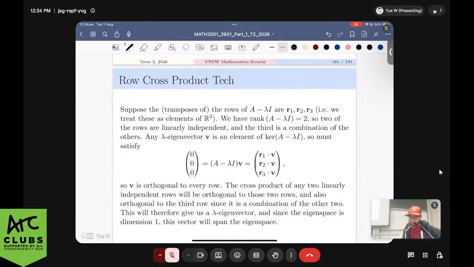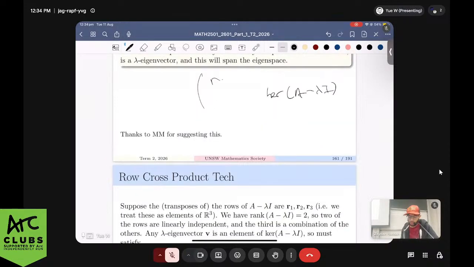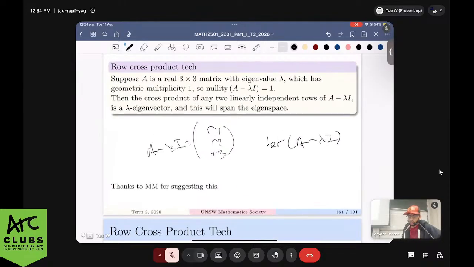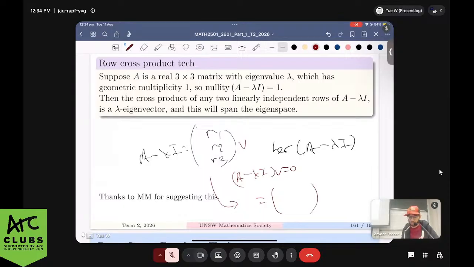Well, let's write A minus lambda I with rows R1, R2, R3. Keep in mind this is for A minus lambda I. If you want (A minus lambda I) v equals 0, then one thing you should know about matrices is that the entries of (A minus lambda I) v are just the dot products of v with the rows.